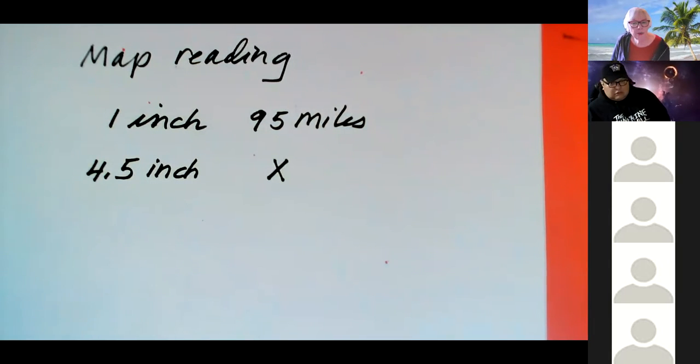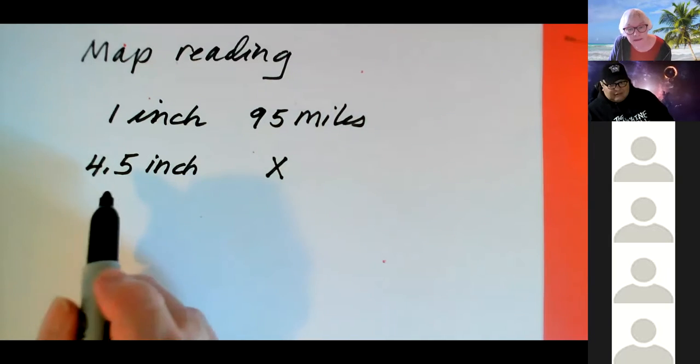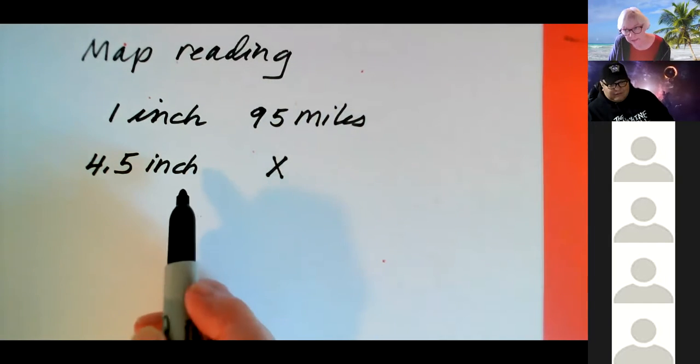Okay, so you would just Google it, they'd tell you how many miles it would be, and you wouldn't have to be doing this. Nevertheless, it's an example of the scale on the map is smaller than the actual distance, because if you only had to go 4.5 inches, you'd be there pretty darn quick, right?